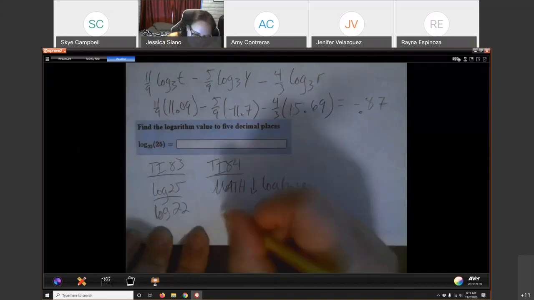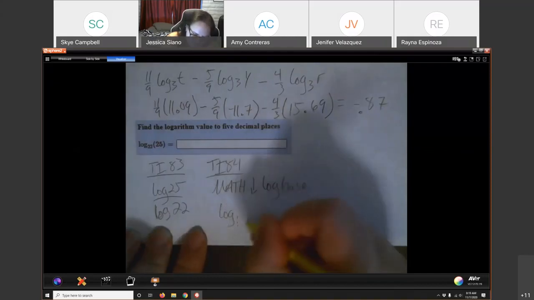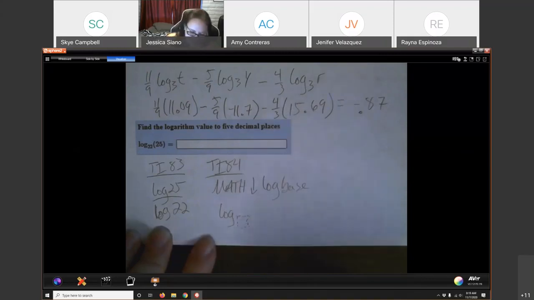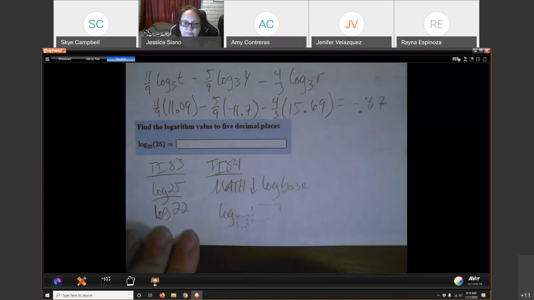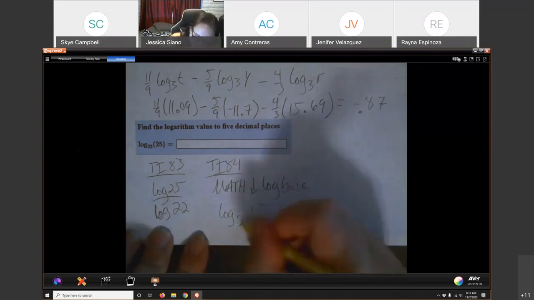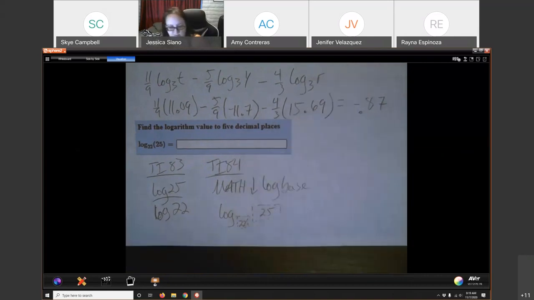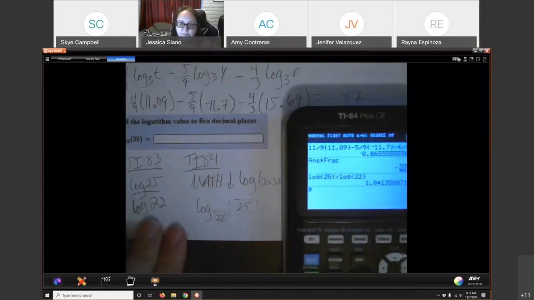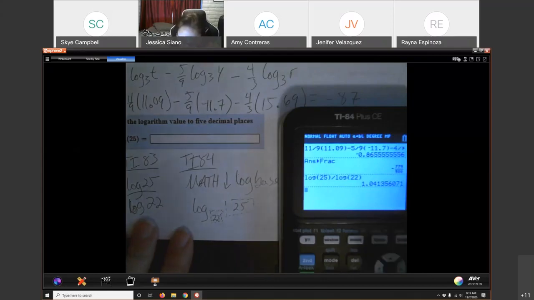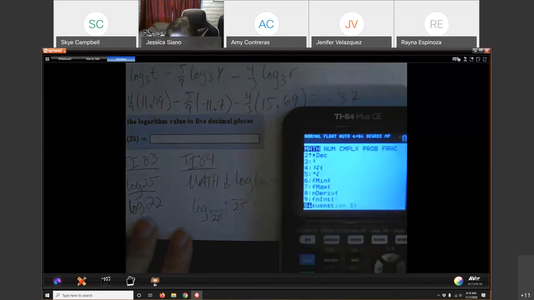And then what that does is it gives you this little box right here that you can fill in with the base. And so then you would do 22 and 25. Like this. Math. Scroll down until you see log base.